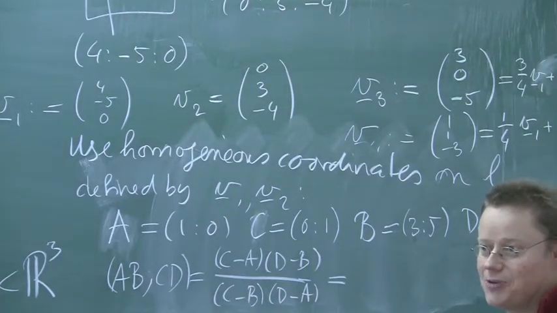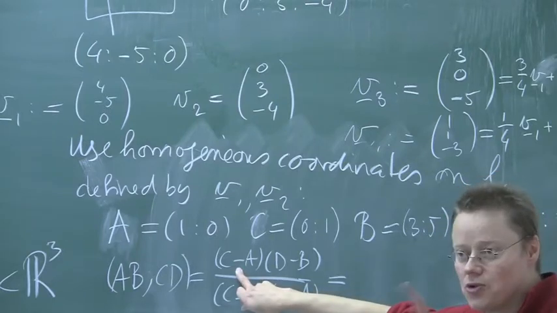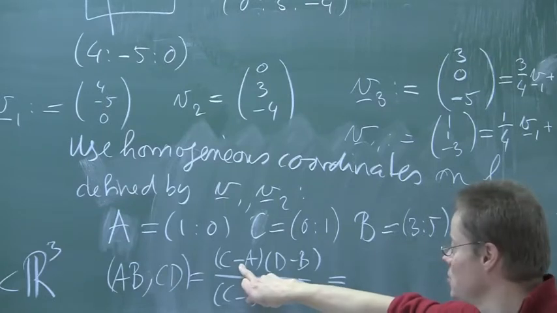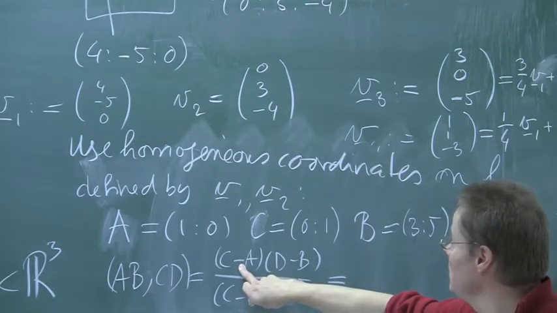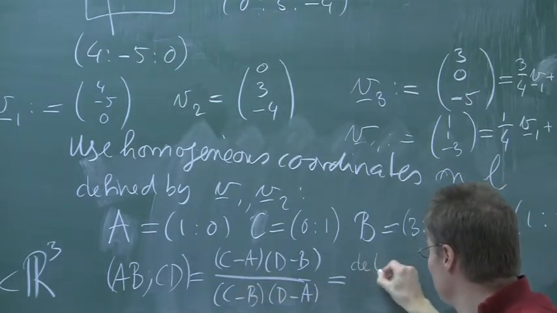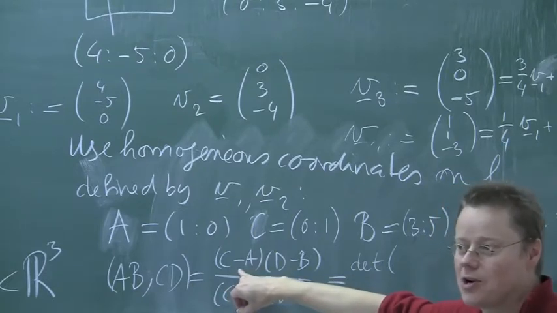We can do both and see whether we get the same result. And then you have to interpret this as a 2×2 determinant all the time. So this here is the 2×2 determinant of, well, it doesn't matter how you do it as long as you are consistent.